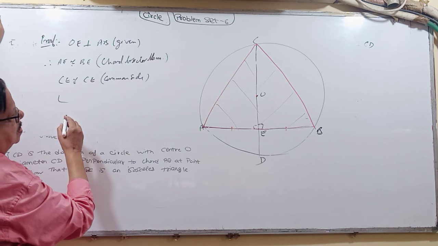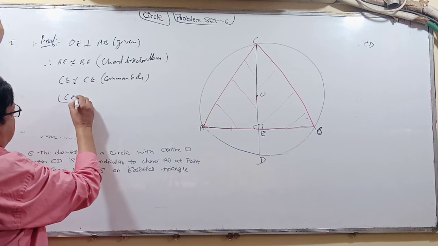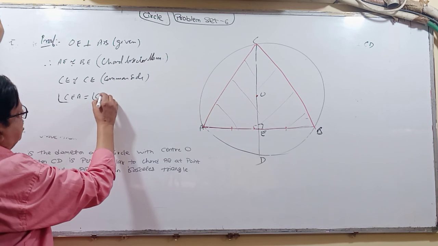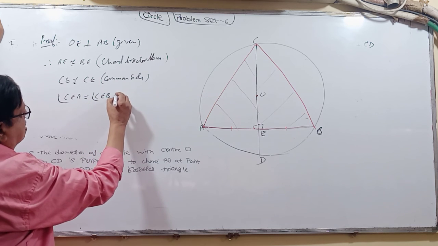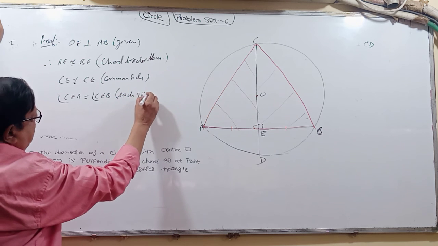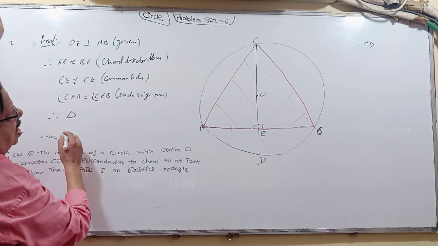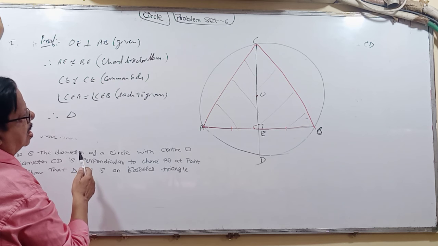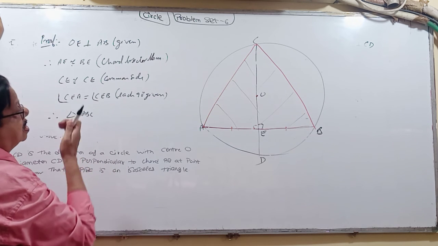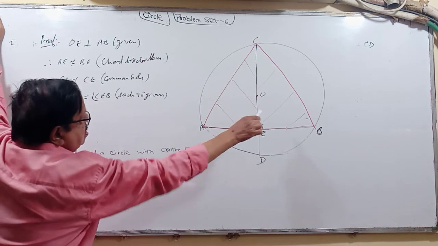Angle OEA or angle CEA equal to angle CEB, each 90 degrees, given. Therefore, this triangle is congruent to that triangle.